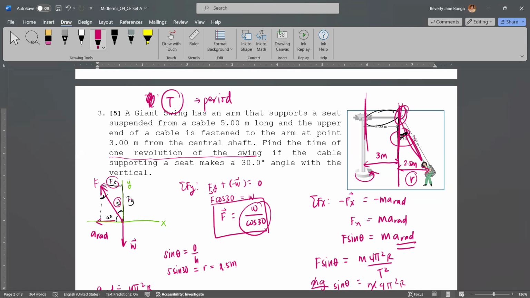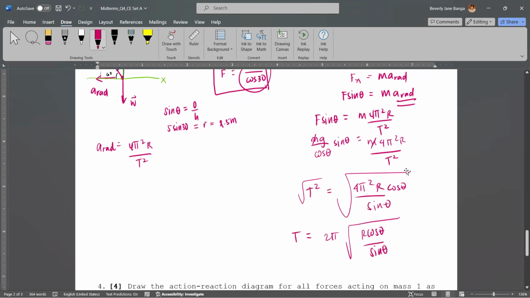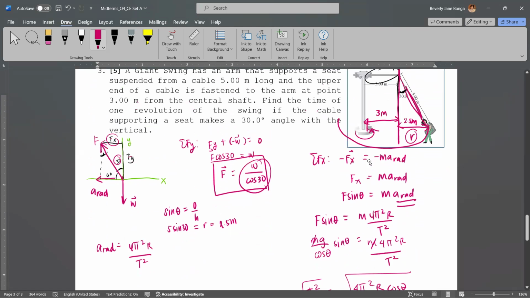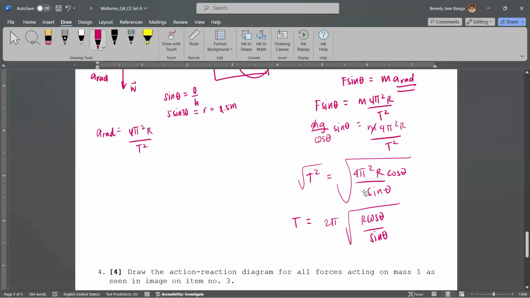The main axis is this one. So this whole thing will rotate like that. So the radius we take is the entire thing, 3 plus 2.5. So T is equal to 2 pi square root of (3 plus 2.5) cos 30 over sine 30.